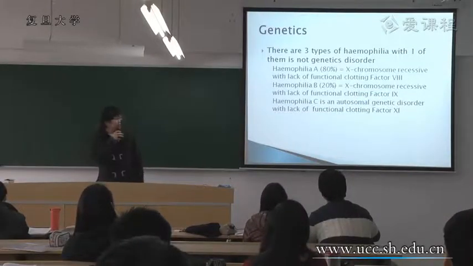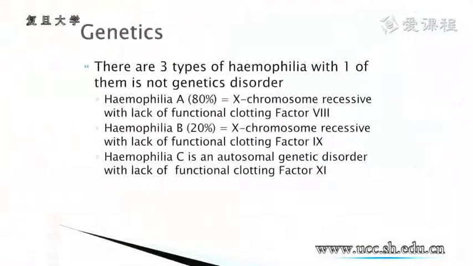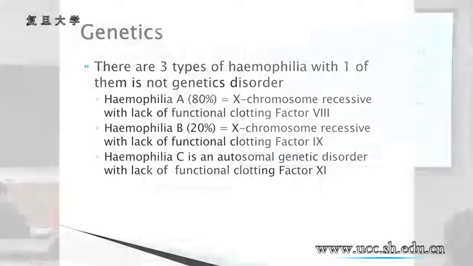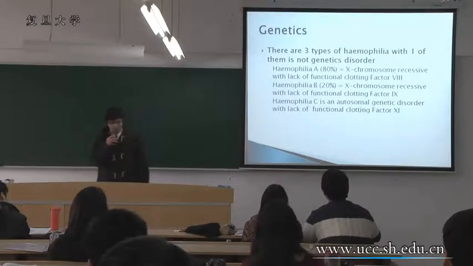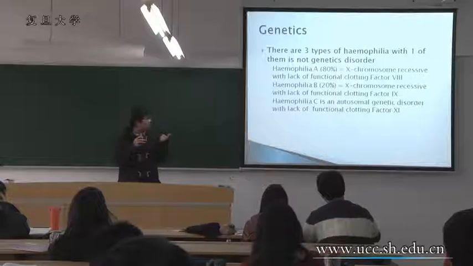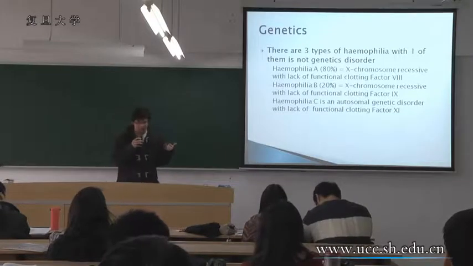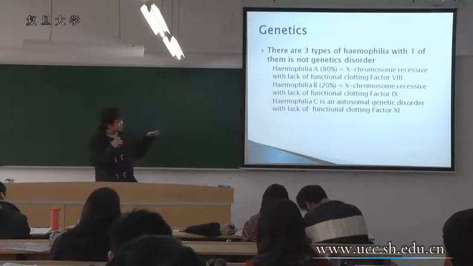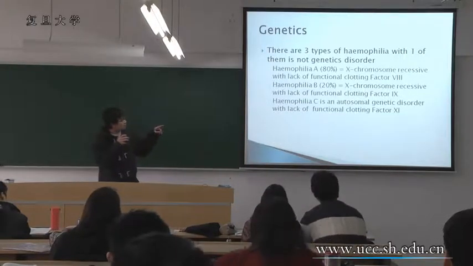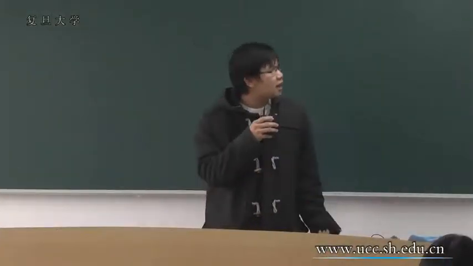Genetically speaking, there are 3 types. As I've told you before, hemophilia A is the most common one, with a lack of functional clotting factor 8. Hemophilia B is the second most common, because of a lack of functional clotting factor 9, and hemophilia C is rare, a lack of functional clotting factor 11.